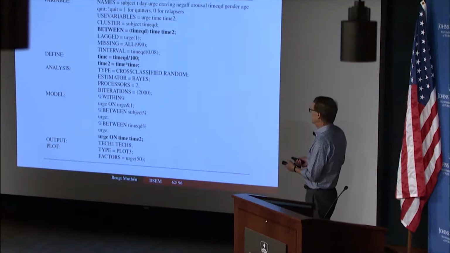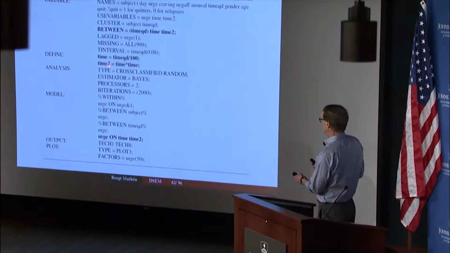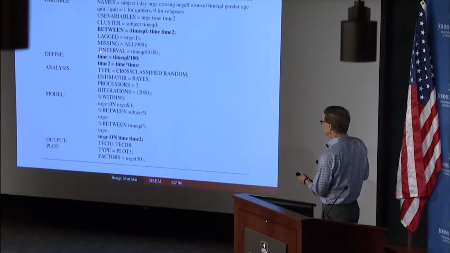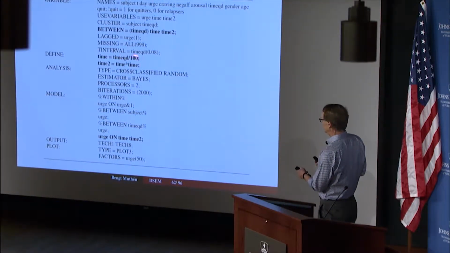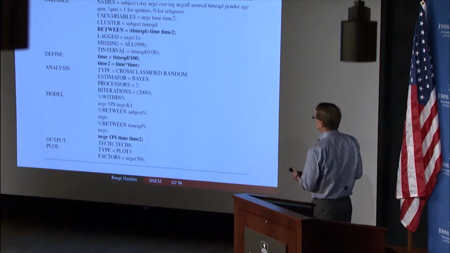Now we're going to define two time variables, time and time 2. This is the linear part, this is the quadratic part. Because the time QD variable is on such a high scale, I'm dividing it down by 100 to just make it more manageable. But that's not essential.